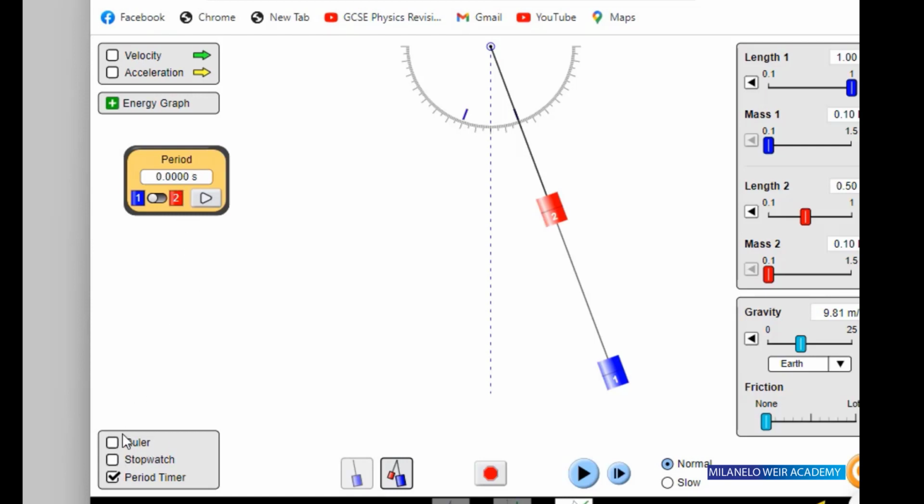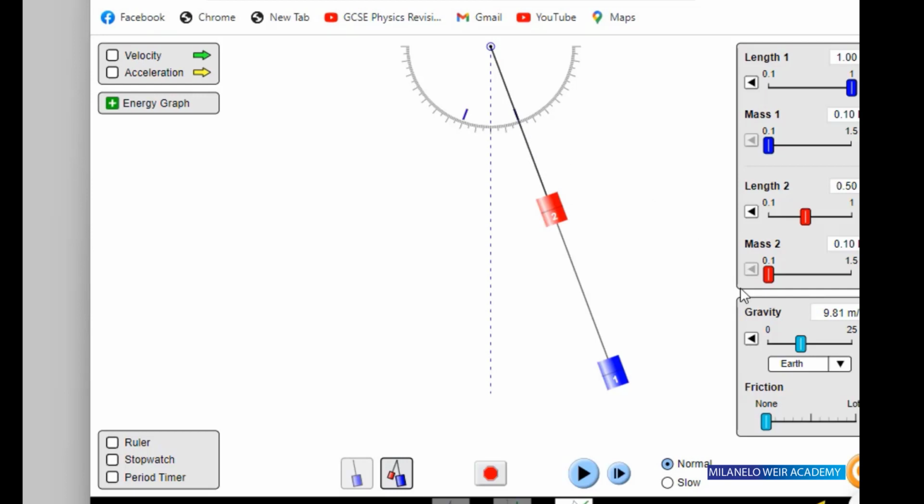Even the period, I don't think it's necessary, because we are going to visualize. So how will we know if the length has an effect? We want to see the time taken for these two. Will they arrive back at this point here at the same time or not?